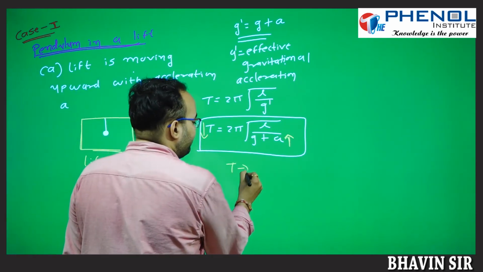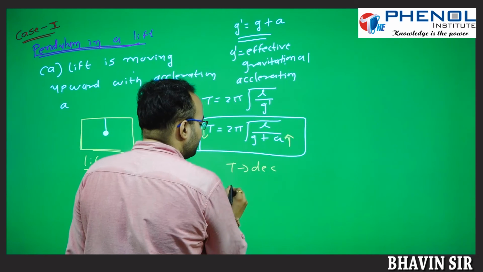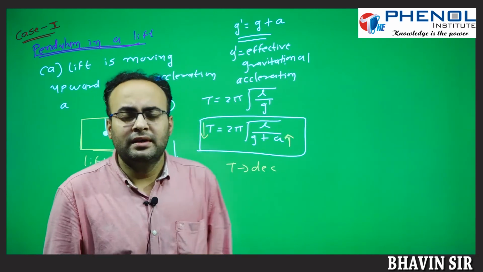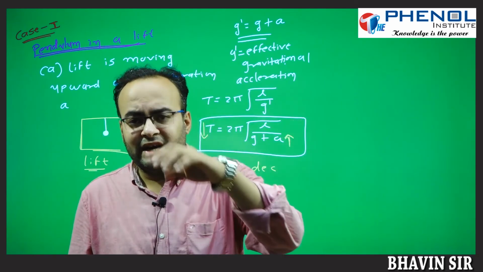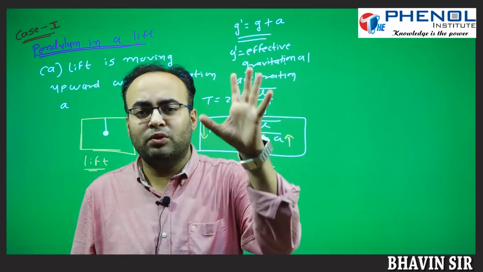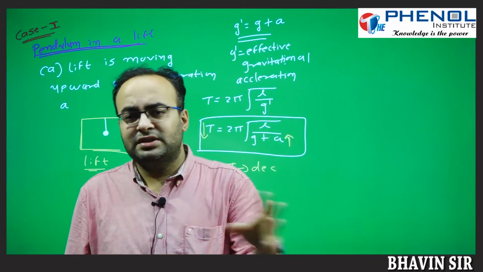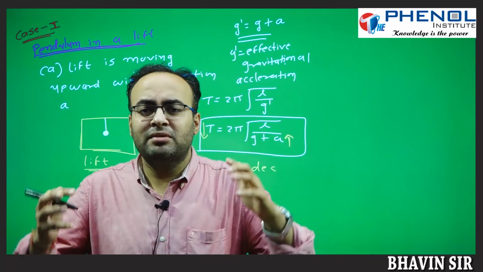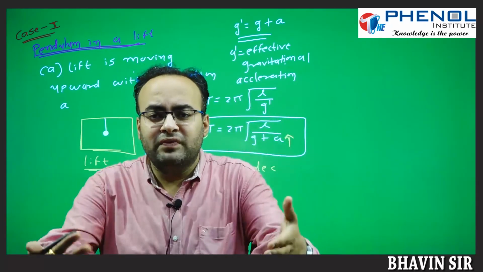Time period decrease means it takes less time to complete one oscillation, so its oscillation becomes faster.